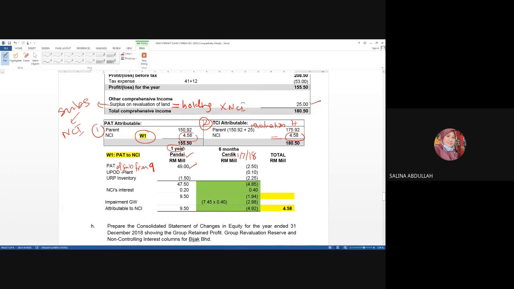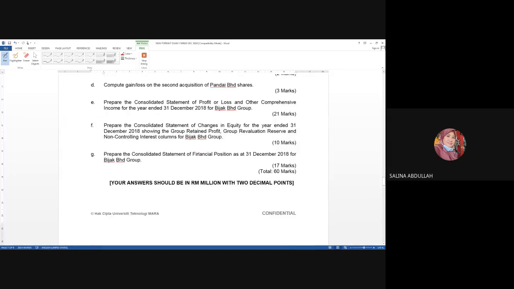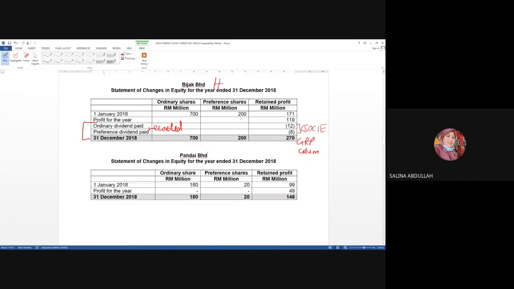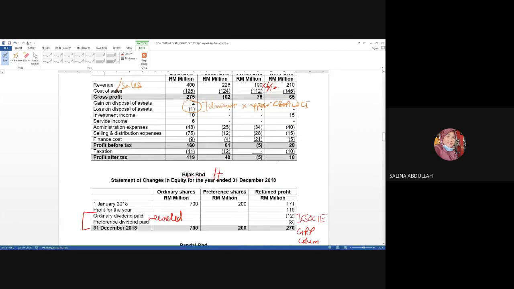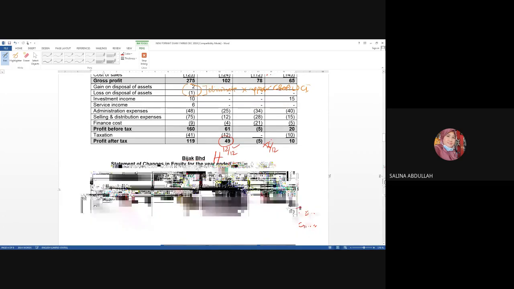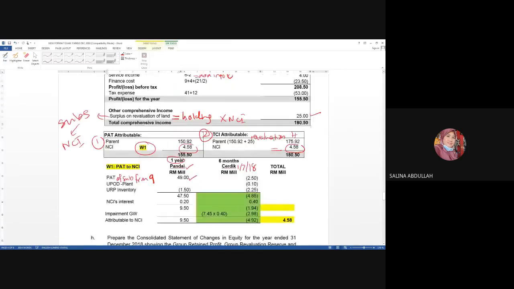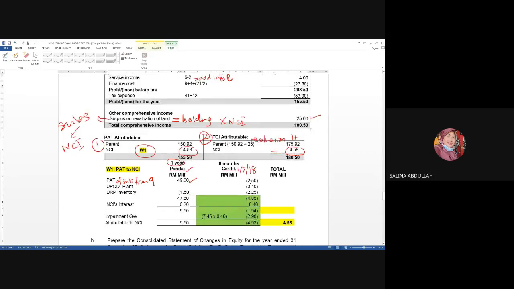This is given in the SOPL, 49. This is S1, 49, the whole 1 year, 12 months. However, for this one is 6 months, and this is loss of 5 million. So it will be shown as negative loss of 2.5 million here.